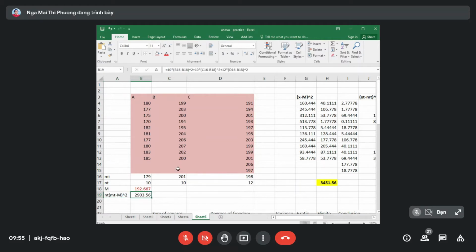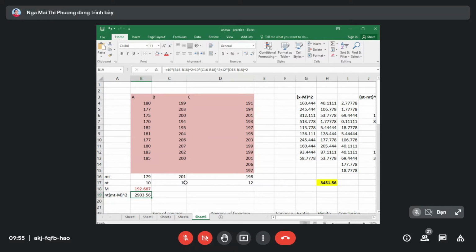So how to calculate this? Look at the Excel here. You have this: 10 multiplied by MT, and minus B18. B18 is big M, squared, plus again NT.